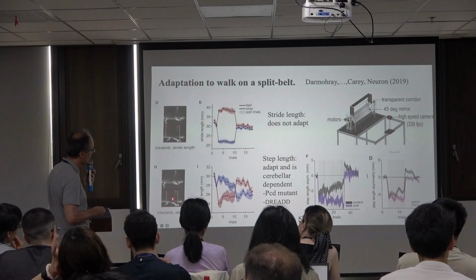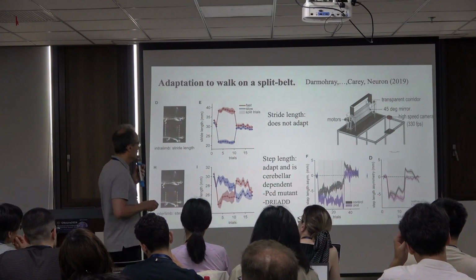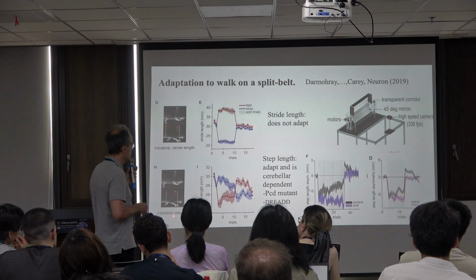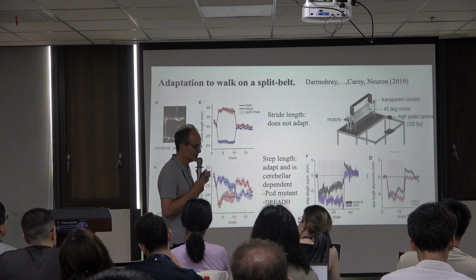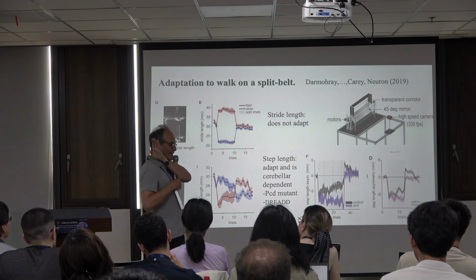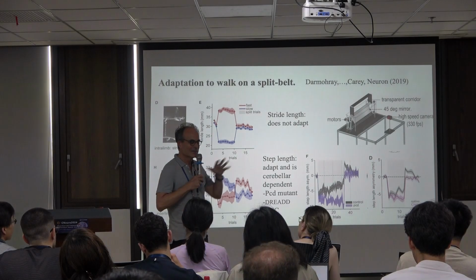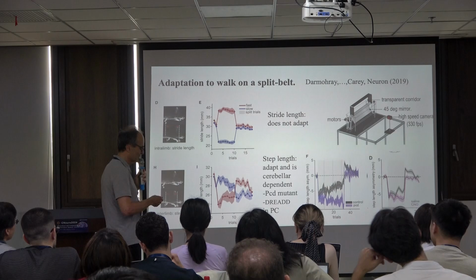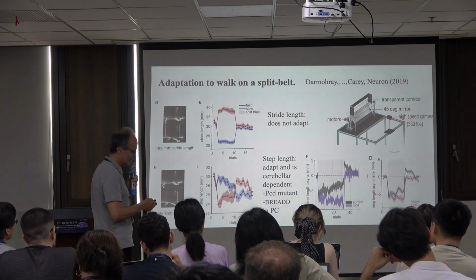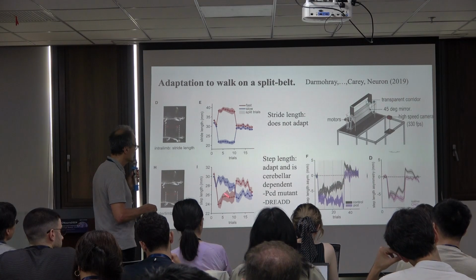Here, if you look at the difference, this is the step length. You have one toe on the ground, you put the other one and you measure the distance between the two. That's the step length, and this adapts in the course of the experiment.